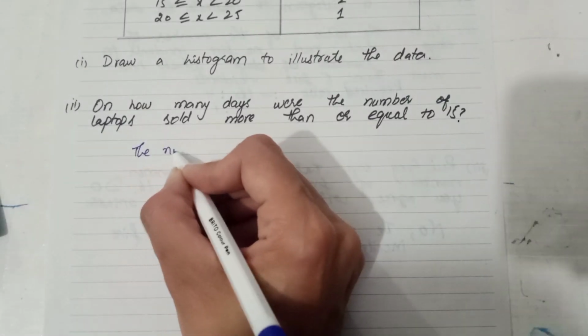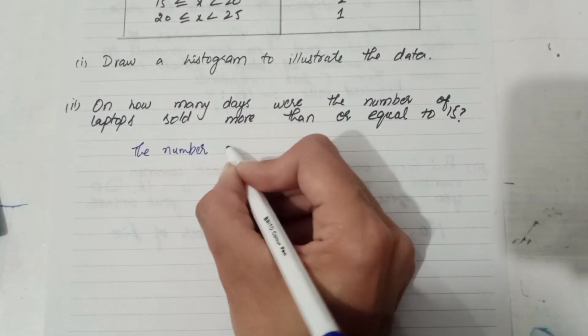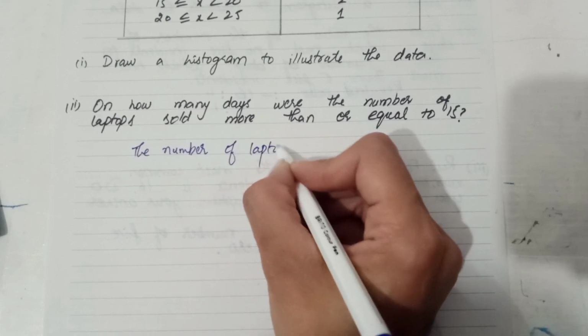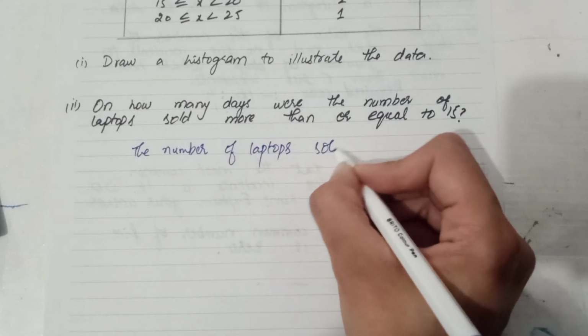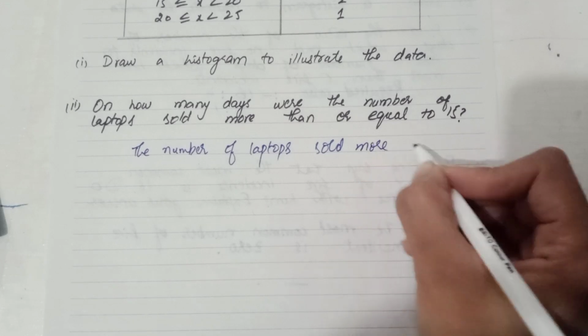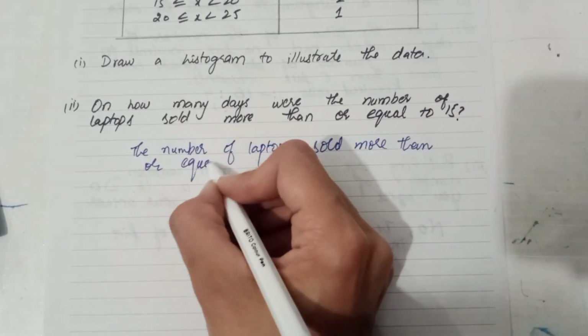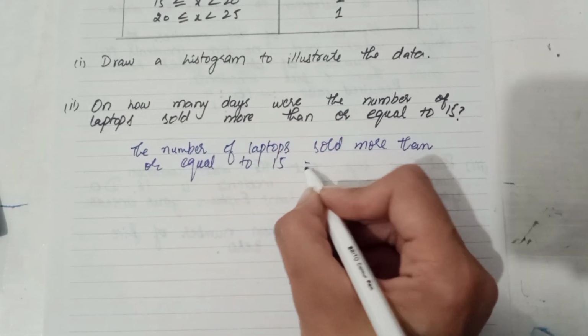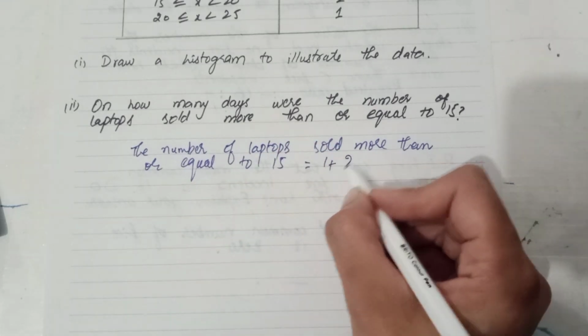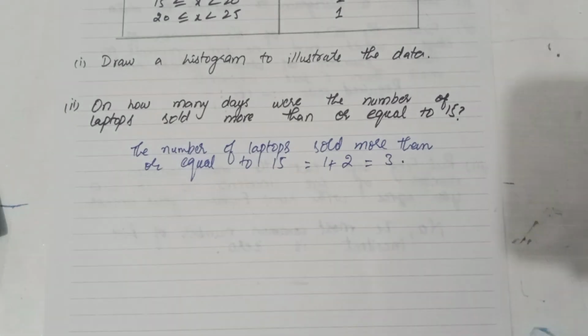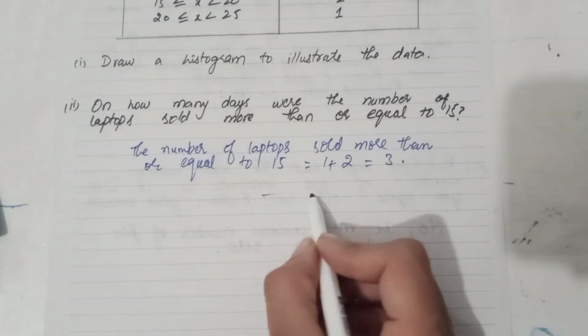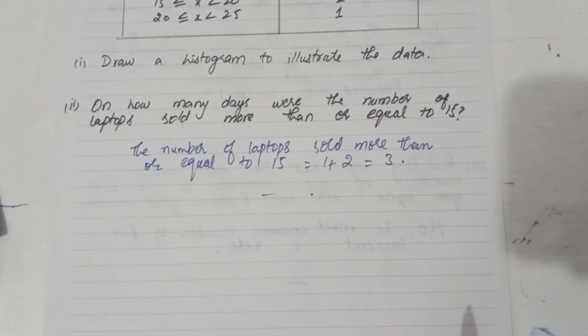So the number of days with laptops sold greater than or equal to 15 is 1 plus 2 is equal to 3. Now students, question number 3 is solved.